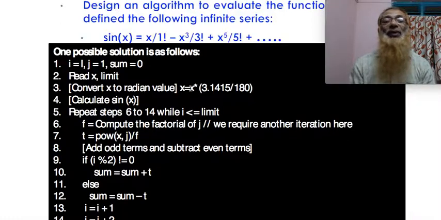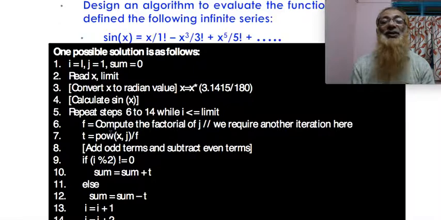To reflect this computation, first we will calculate factorial of j. We have not written an iterative solution for computing factorial. It is obvious when we say that we have to compute a factorial of j, this is an iterative exercise. Step 6. Once the factorial is computed, we calculate this term x raised to 1, first iteration, POW.